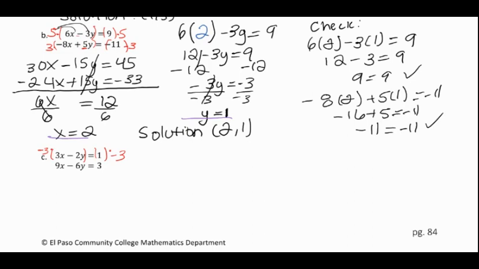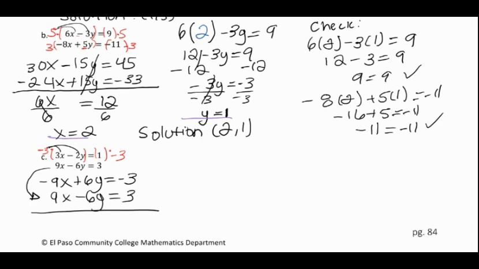So we use the distributive property. Negative 3 times 3x is negative 9x. Negative 3 times negative 2y is positive 6y equal to 1 times negative 3 is negative 3. And nothing happened to the second equation, so we're just going to rewrite it exactly the same. And then we can add.